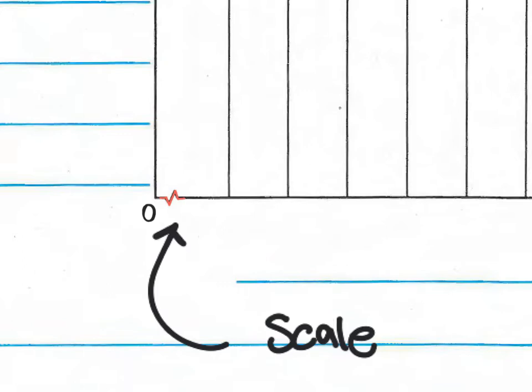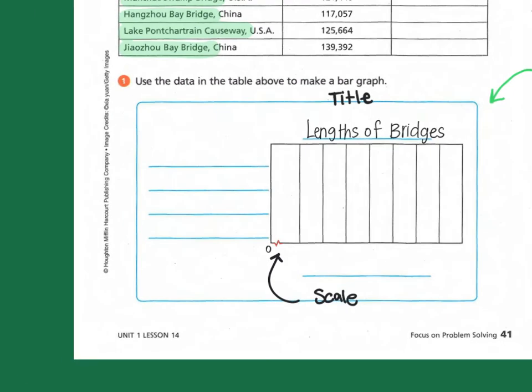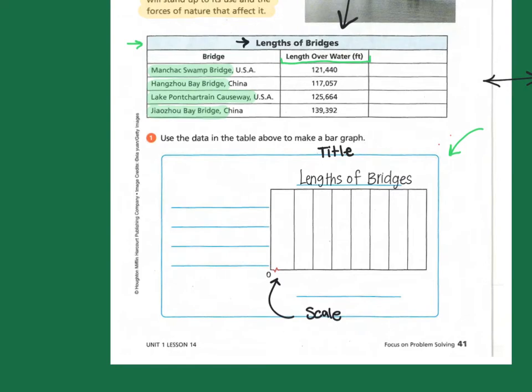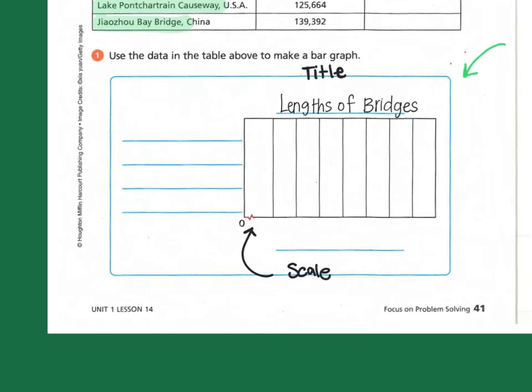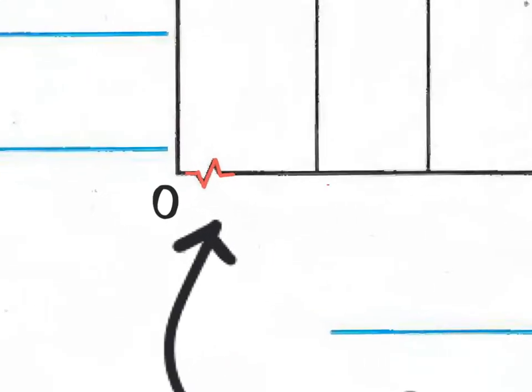However, I'm going to skip some numbers, and when I skip some numbers, I want to make sure that I don't have a huge ginormous gap between 0 and the first number that I represent. So, because the length of my bridges is so big, I'm going to skip up to 110,000, okay? That will give me a good amount to get started with. So let's write at our very first line here, 110,000.